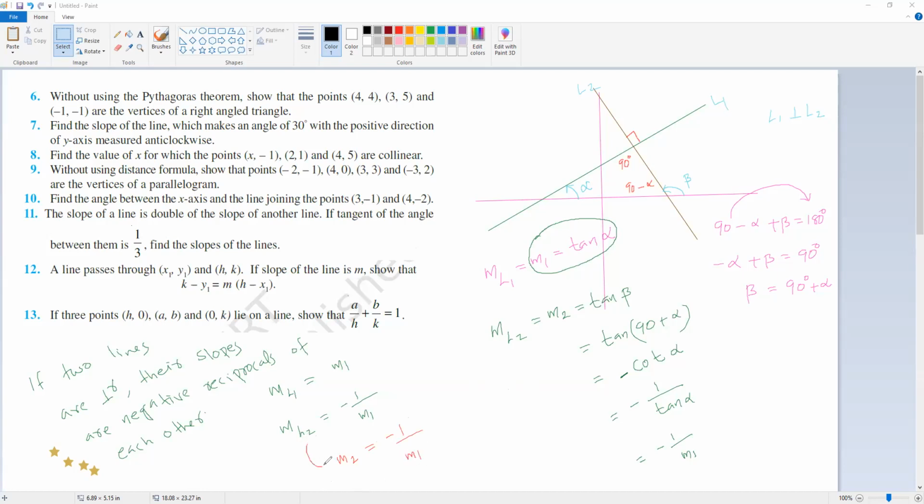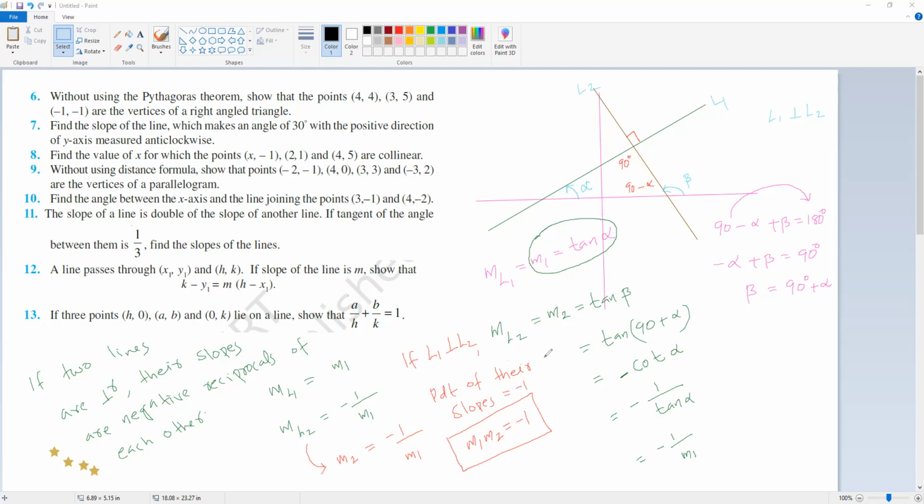Cross multiplying, you will get m1 into m2 is equal to minus 1. If line 1 is perpendicular to line 2, the product of their slopes is minus 1.